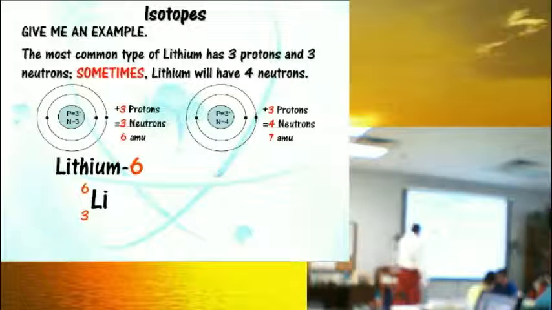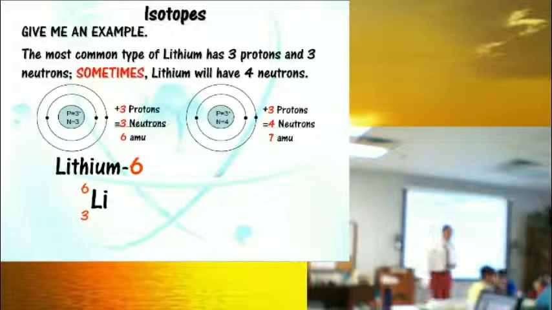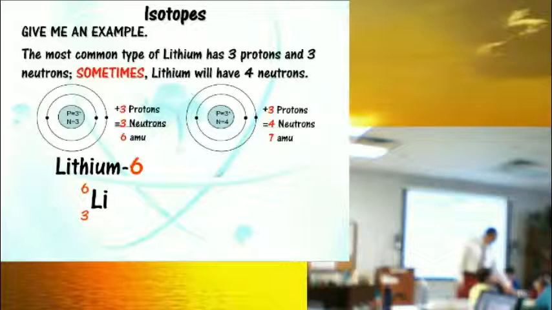And then these are the two ways you could write it as symbols. Lithium 6, or you could put lithium, what does this number represent? No, this is the protons, and this is the mass. If you don't know that, label it in your notes. Okay? So lithium 6.